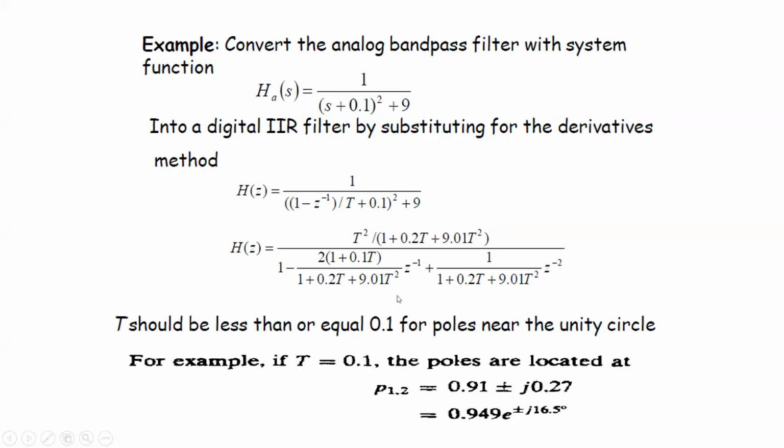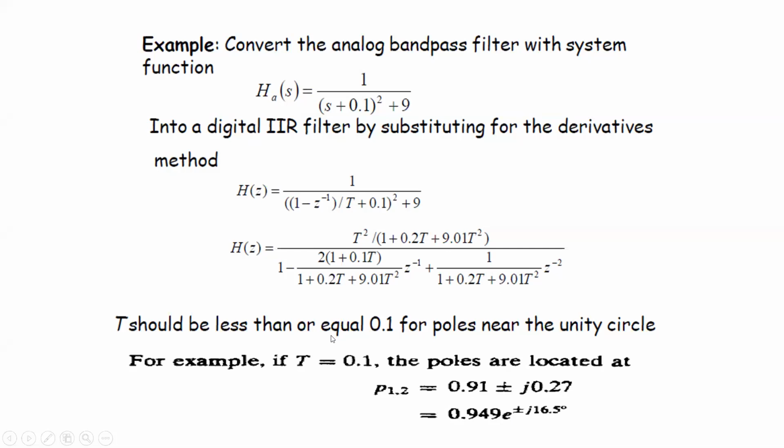This is a second order transfer function, and you know that whenever there is a second order transfer function, two complex poles will be there, so these will be the pole positions. P1 and P2 will be equal to 0.991 plus minus j 0.27, and in the polar form it will be 0.949 e to the power plus minus j 16.5 degrees. So these will be the two pole positions.